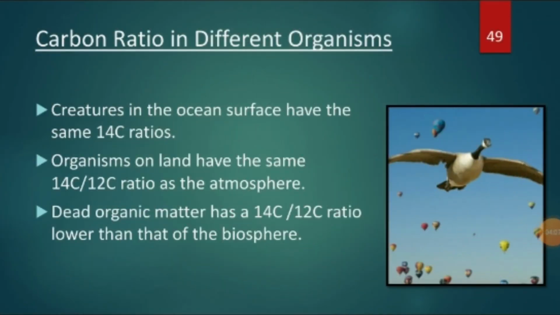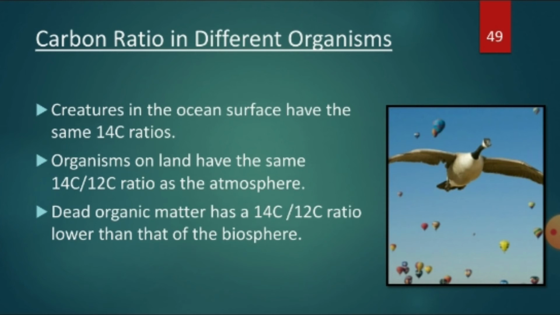Next is about the carbon ratio in different organisms, especially the creatures living at the ocean surface, the plants and animals, and the living and non-living organisms. It says that creatures living at the ocean surface have the same carbon-14 ratios. The radiocarbon age of marine life is about 400 years. Carbon stored in living organisms is called biomass carbon and is found in all marine vertebrates.